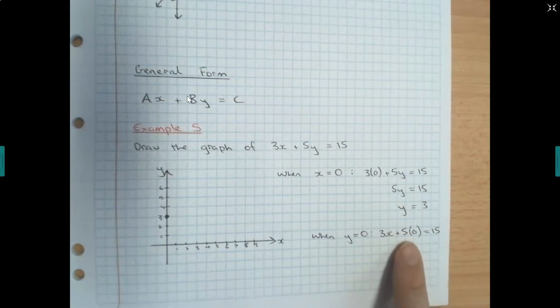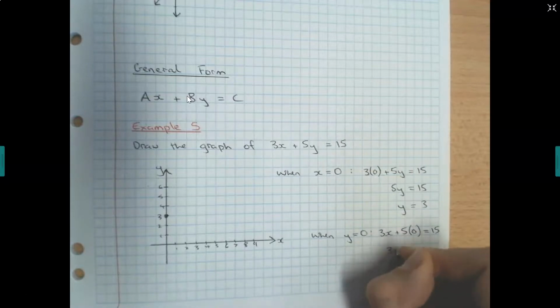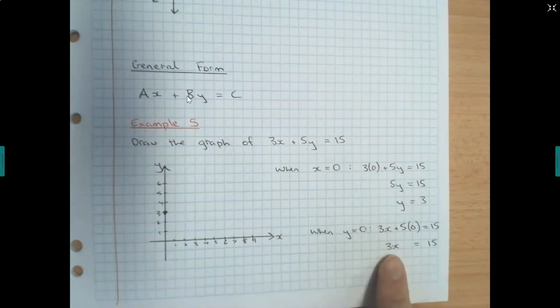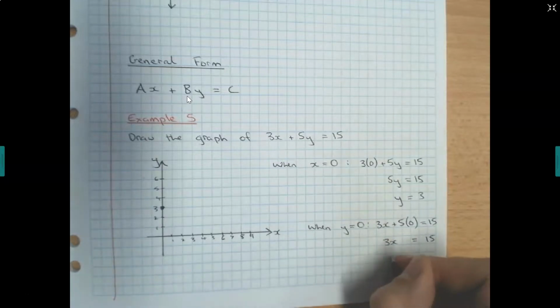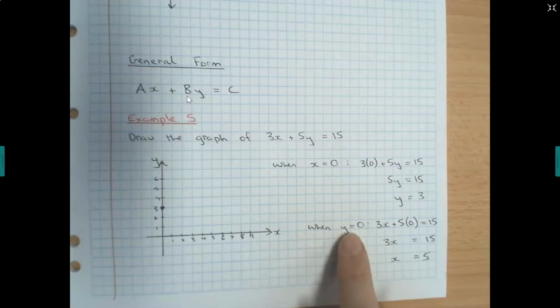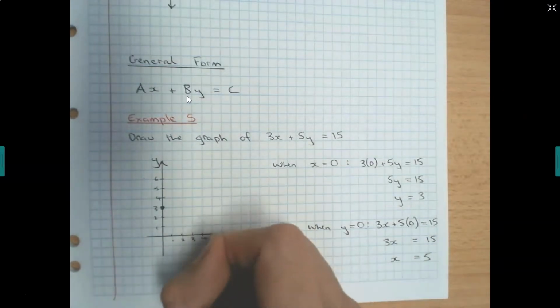Now, 5 times 0 is just 0, so I'm left with 3x is equal to 15. And then if I want to isolate the x, all I have to do is divide both sides by 3, so I'm left with x is equal to 5. So therefore, when y is equal to 0, my x value is 5.